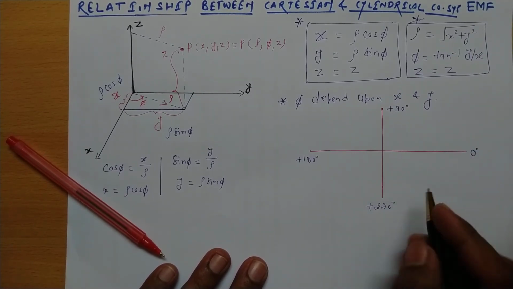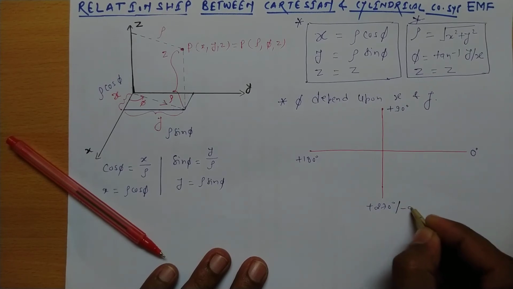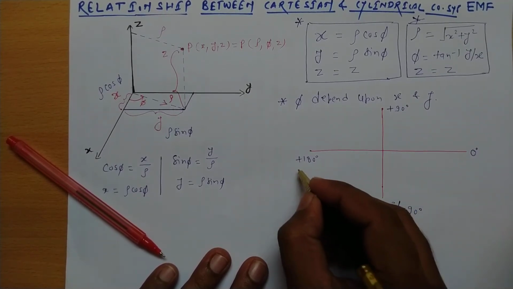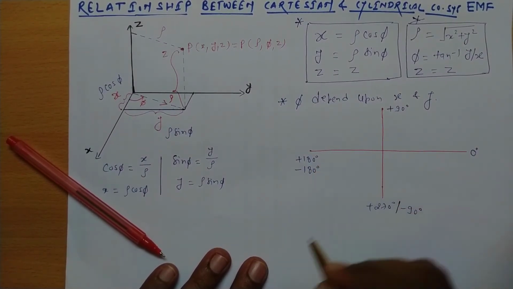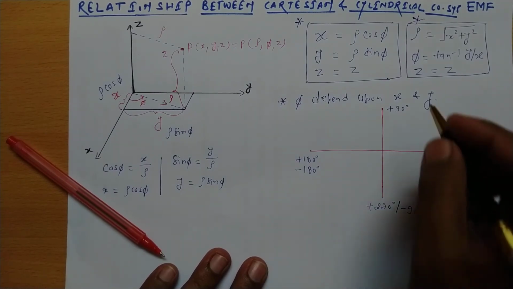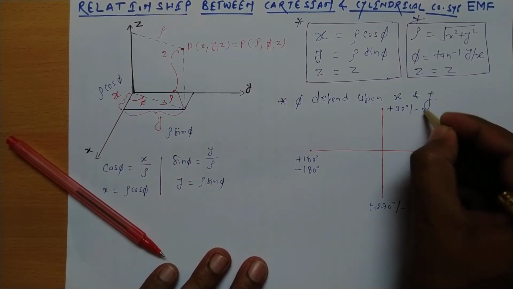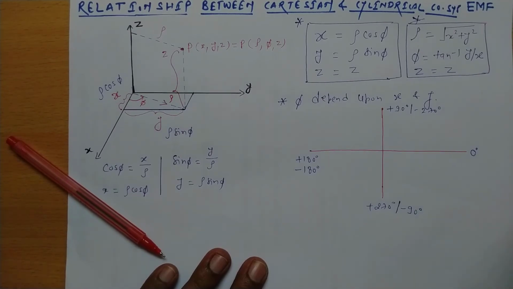In the clockwise direction, this is minus 90 degree, minus 180 degree, and minus 270 degree.